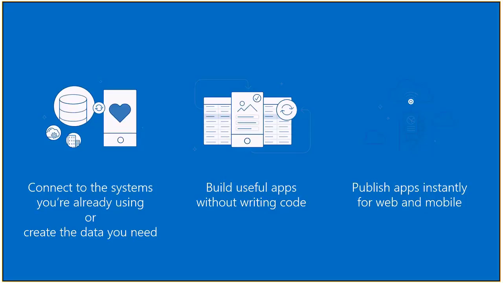In today's demo, again, we'll be connecting to NAV and we'll build a simple app on the data that is coming from NAV. And thirdly, you will be able to publish these apps instantly for mobile and web. So we'll see how that works.